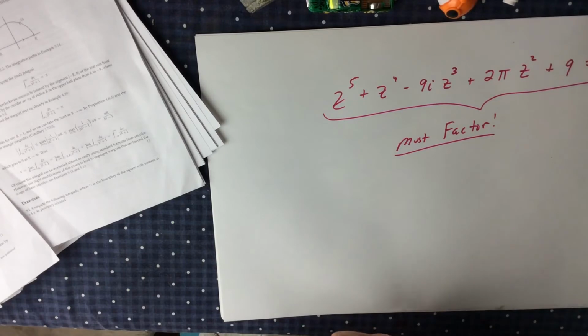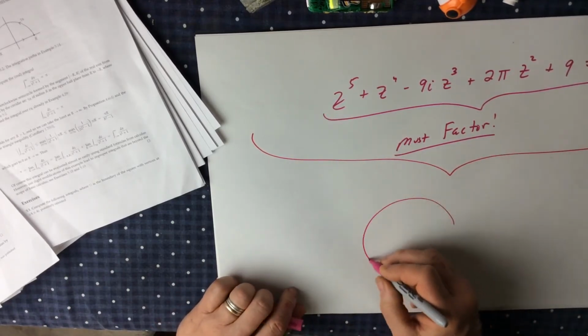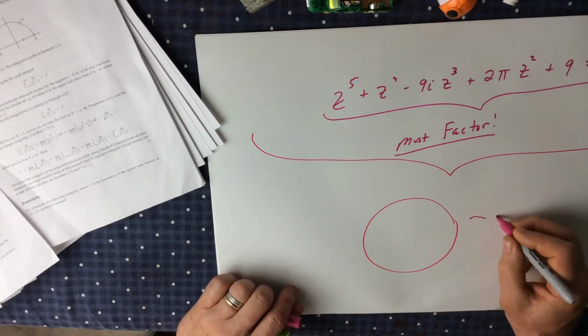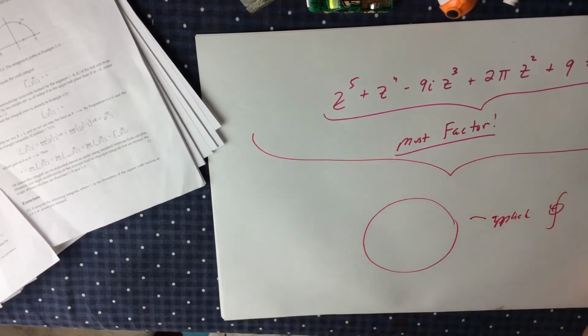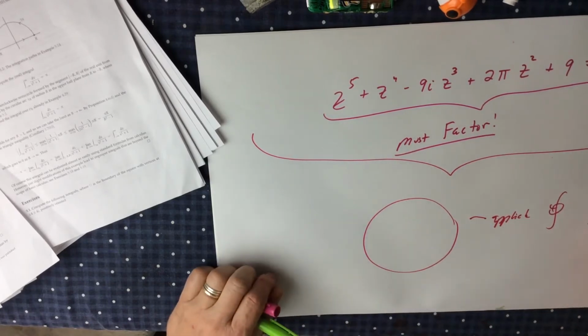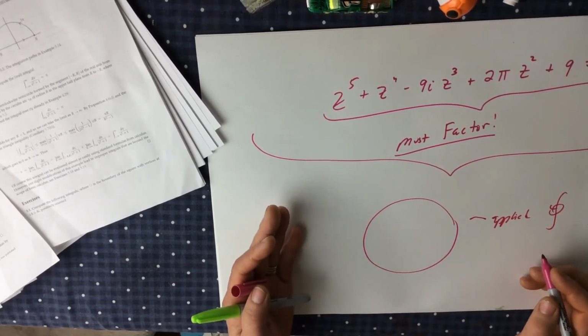So now let's exploit that little trick that I just did. I did a circle, and I applied it to an integral on that circle, and then I used a limit as r went to infinity, and that caused something cool to happen.